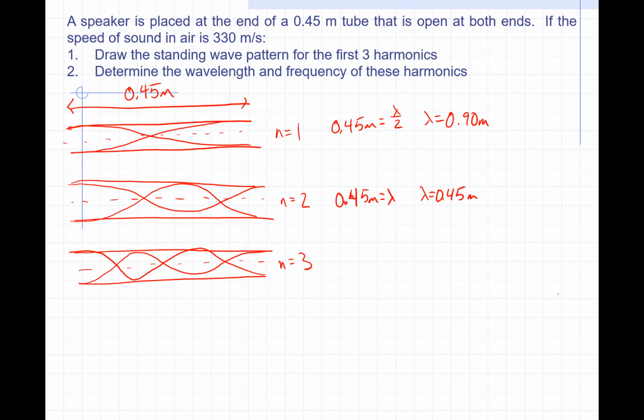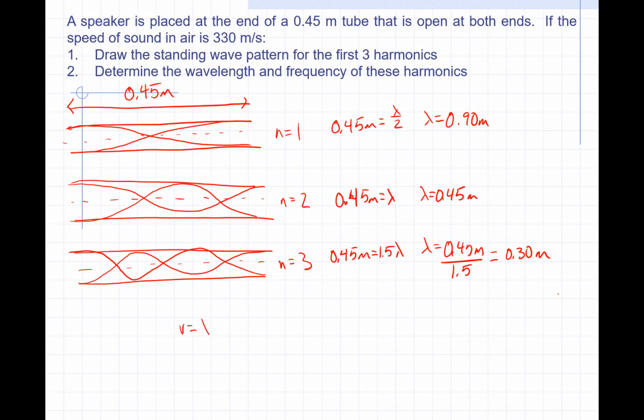Here I have 1.5 waves, so 0.45 meters equals 1.5 lambda. So our wavelength is 0.45 meters over 1.5, which is just 0.30 meters. To find the frequency, we can just use our wave speed formula.